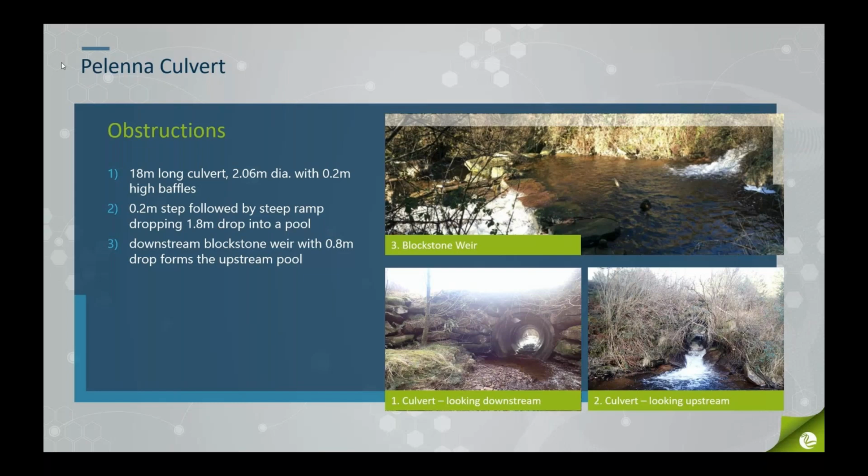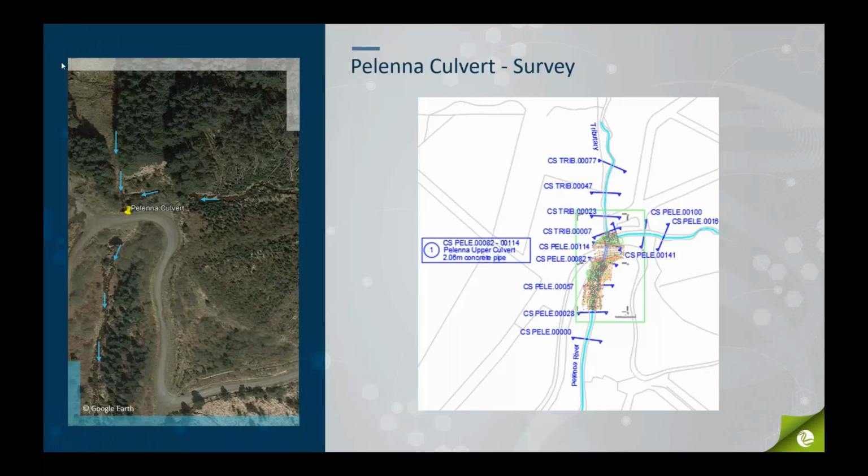So how did we go about modelling it? Obviously, the first thing we needed was to get some survey. The left-hand image shows you the water courses and the route it's taking. The Afenpolena is flowing westwards and then turns southwards at Polena Culvert, and coming in from the north is a small tributary to the Afenpolena.